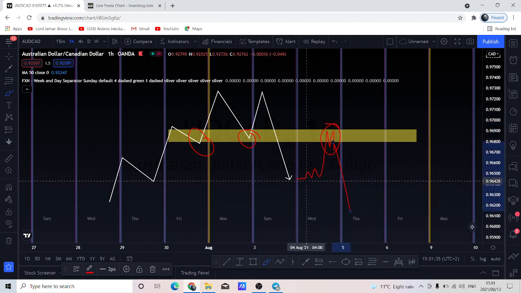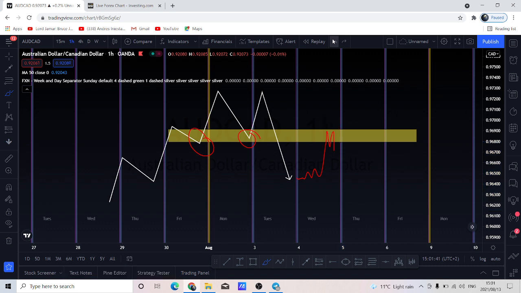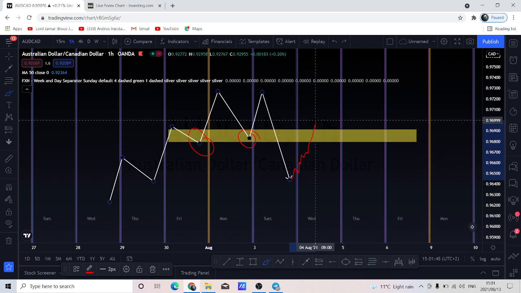Because if you just sell in the London session or the Asian session, you can be caught on the wrong side of the market. For example, let's say this is the Asian session going up, up, up, and then you see something like this, and then you enter here.